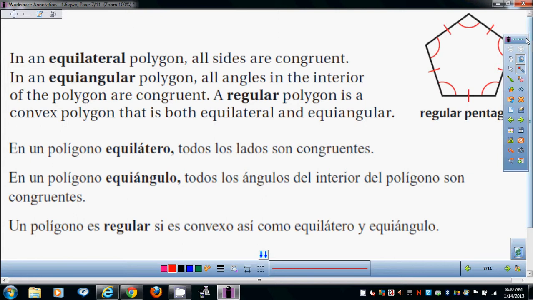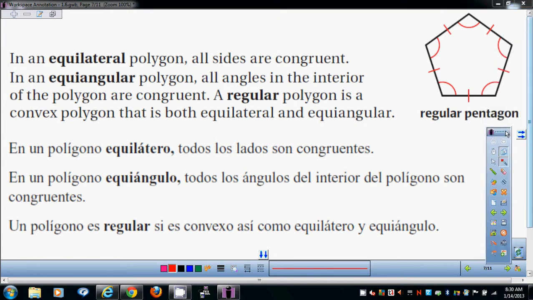All right, more vocab. Equilateral, equiangular, and regular. I think the easiest one of those three vocab words to know what it means is equiangular. Because guess what that means? The angles are all equal, that's right.